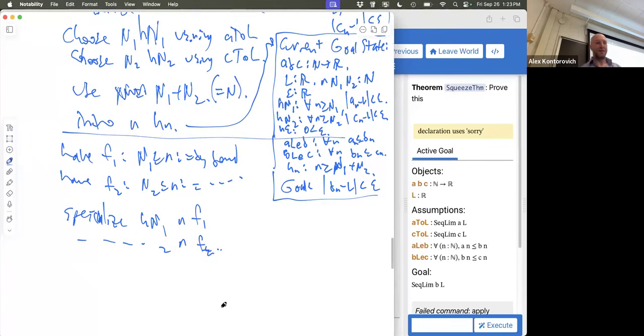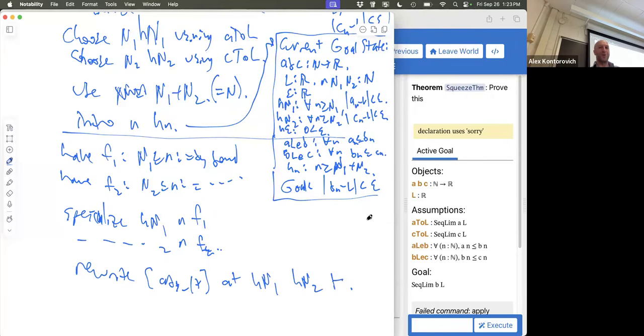And now what? Yes, exactly. Rewrite abs_lt. We want to do this at the goal, at HN1, and at HN2.